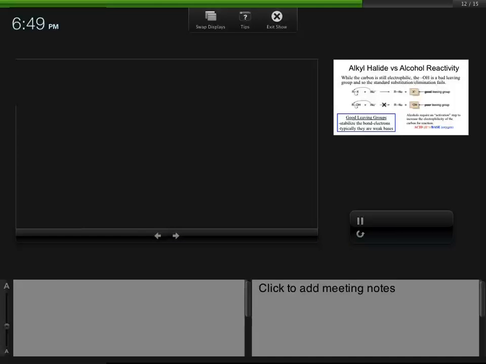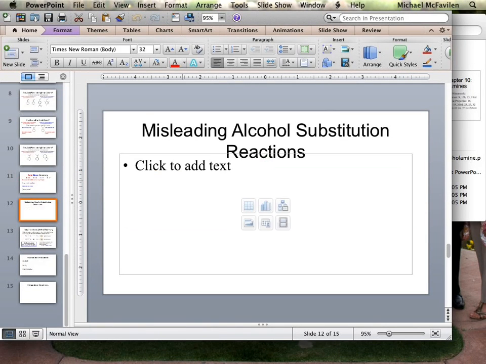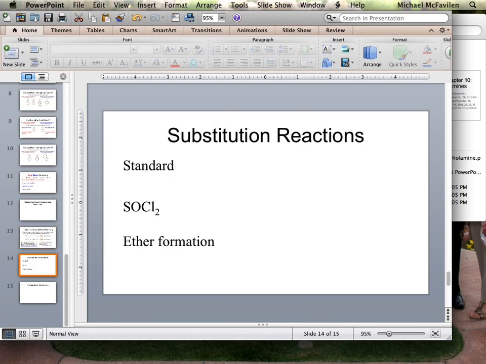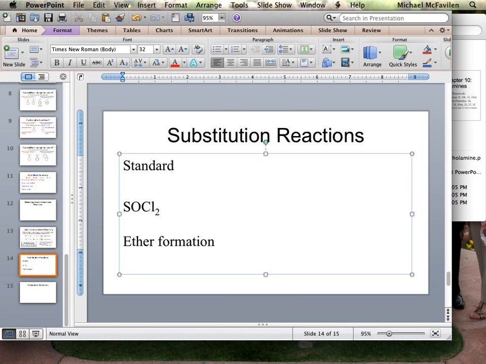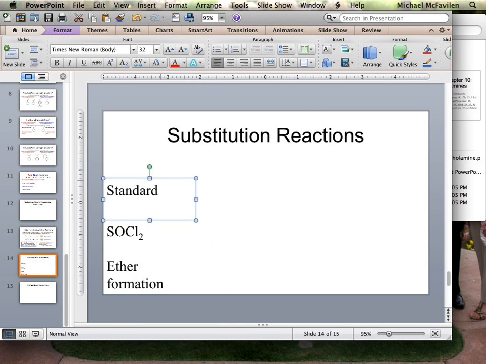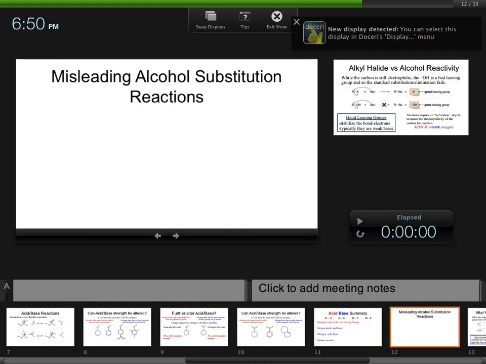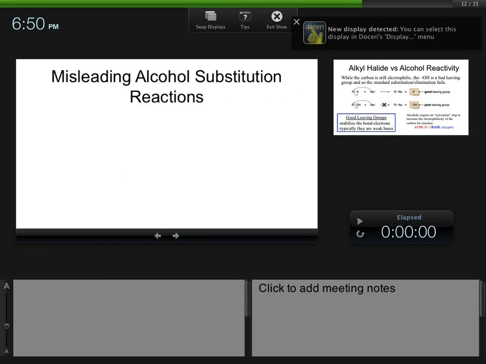Oh, I think I killed it. Nope, there it goes. Stupid computer. Play from current slide.